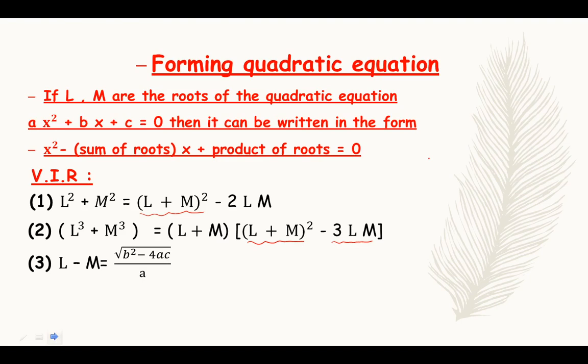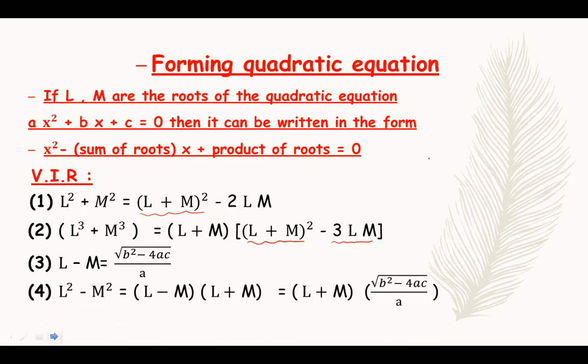Rule number 3. If we find in the equation L minus M, the difference between the two roots, then we are going to use the rule square root of b power 2 minus 4ac over a. Okay? And number 4, L power of 2 minus M power of 2.